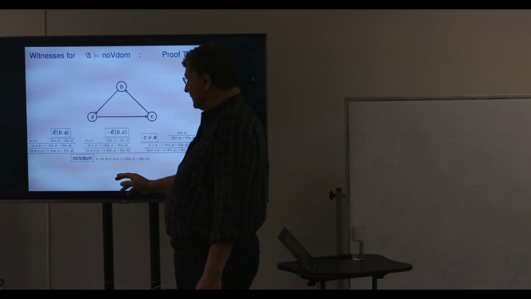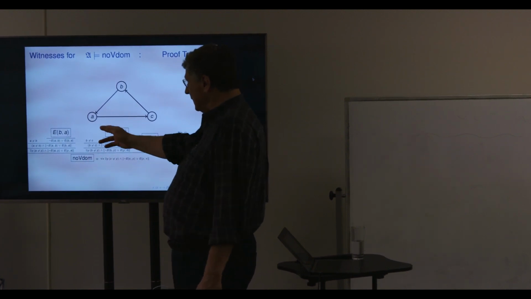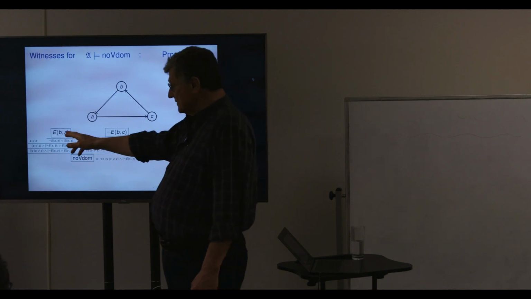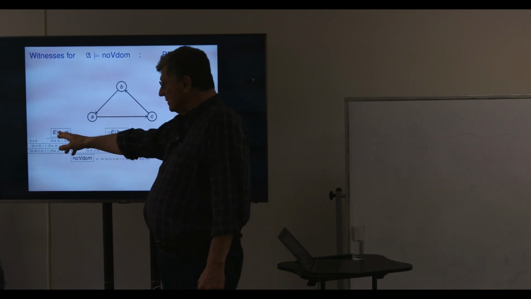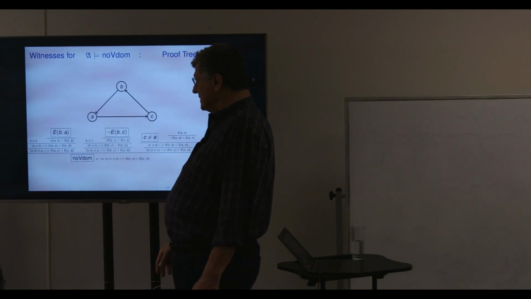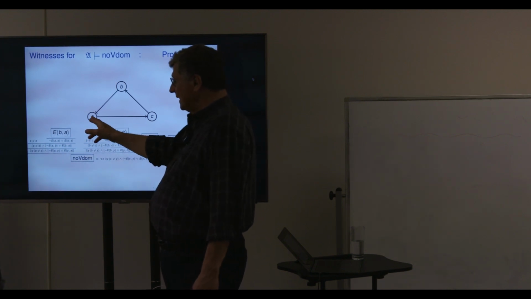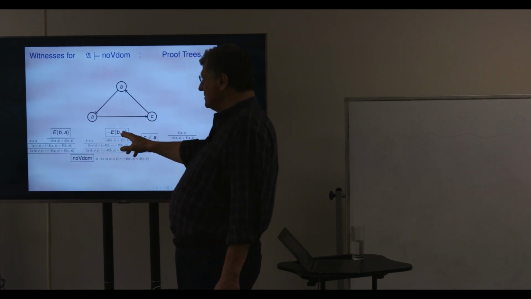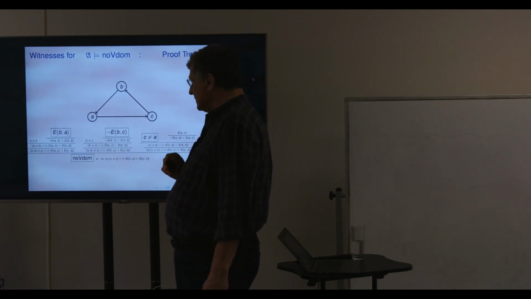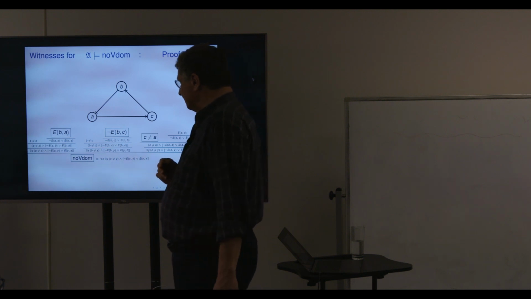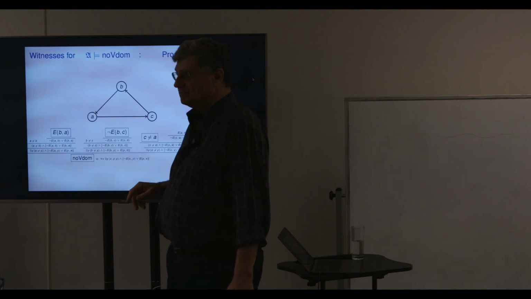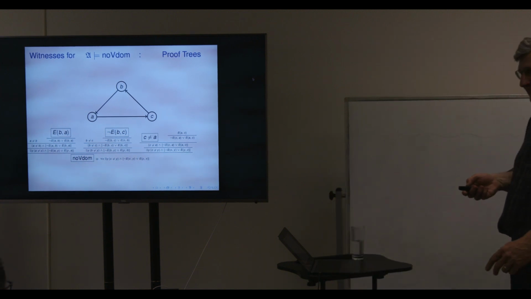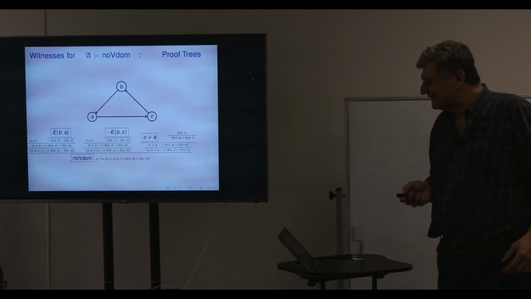This sentence can be verified with only some of the information in the model. So for example, I need the edge from B to A to justify that A is not dominant. And I need the absence of an edge from B to C to justify that B is not dominant. And this one should have been big, but I didn't want to mesmerize you with my graphics.